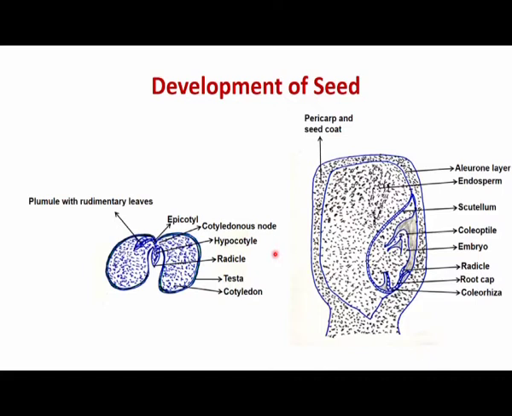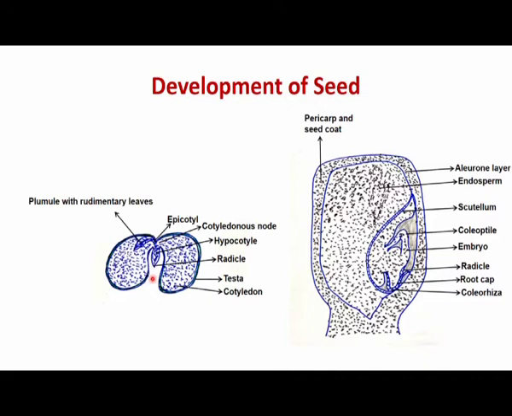The outer integuments become the hard and leathery testa, or seed coat, which ensures the proper survival of the seeds. The testa is the hard covering you see outside any seed, and it has to be broken by the growing embryo to come out as a plant.